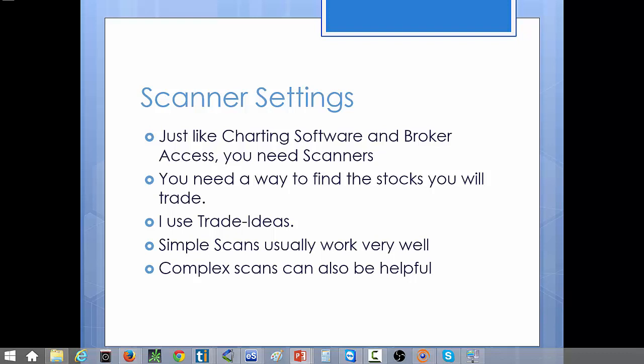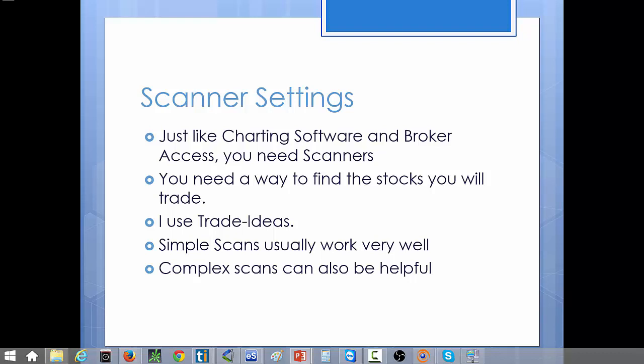Okay, so I use Trade Ideas, as many of you know. You can go to tradeideas.com. They're a software provider for stock scanners, and for the most part, the engine that runs it is very simple, very straightforward, and easy to learn.